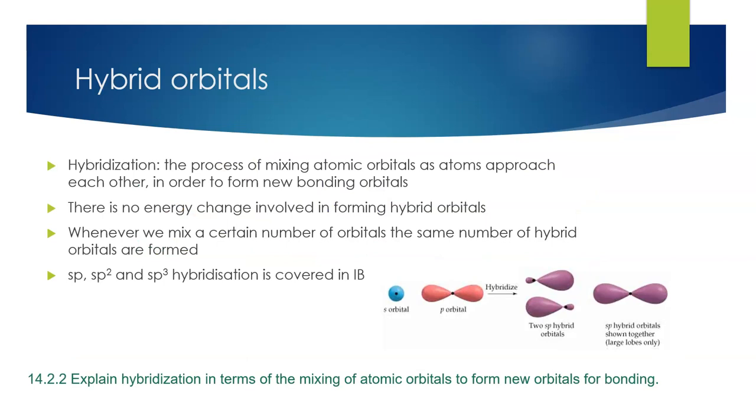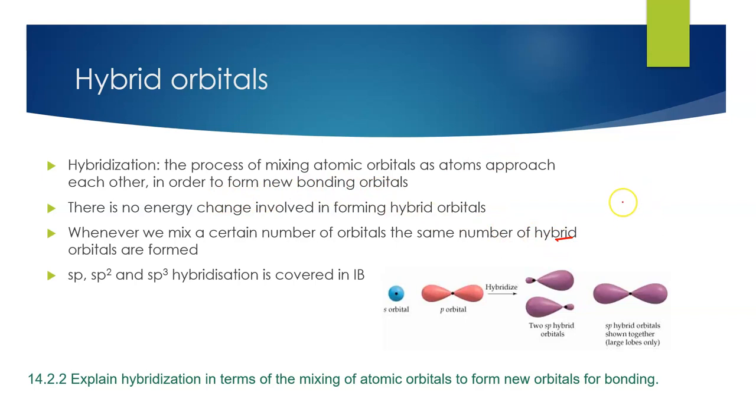When we talk hybrid orbitals, what we're saying is this is the process of essentially mixing the atomic orbitals as they approach to form the new bonding orbital. There's no energy change involved in forming the hybrid orbital. When we mix a certain number of orbitals, we will get the same number of hybrid orbitals formed.